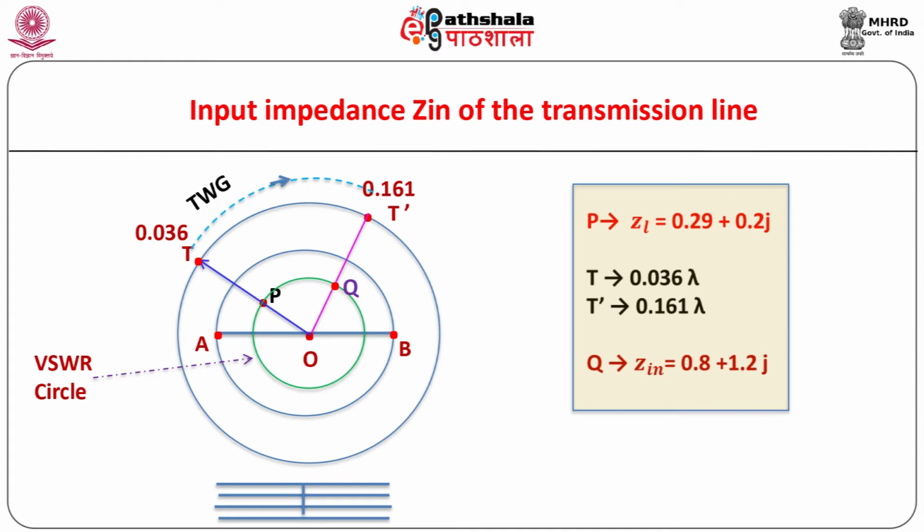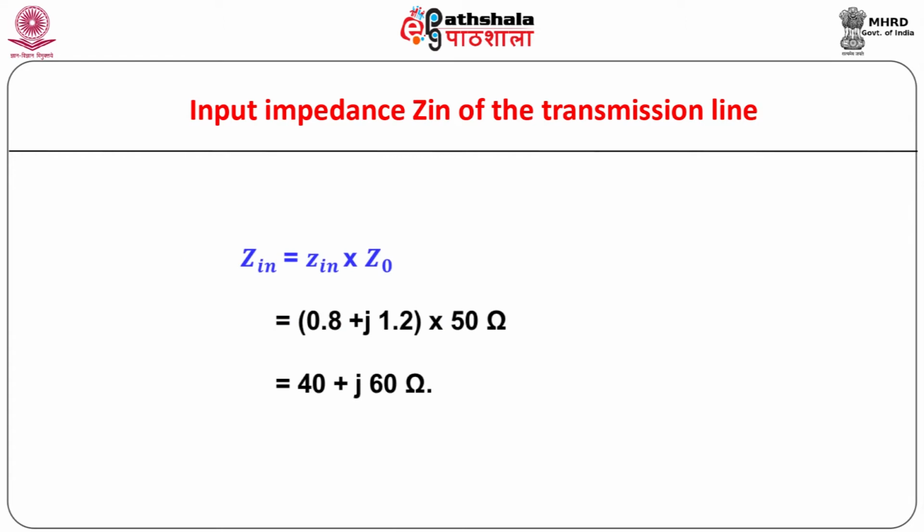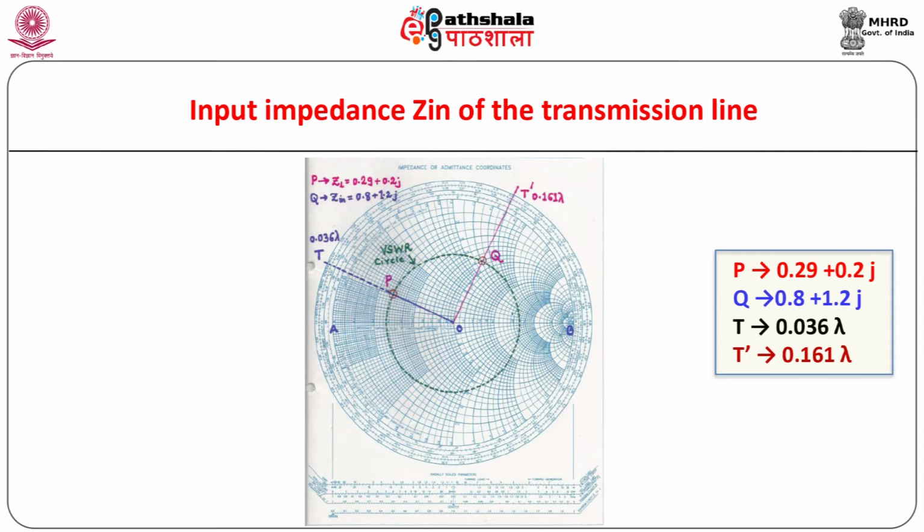Draw a circle with O as its center and OP as its radius, and note the point Q of intersection of OT dash and the circle. The point Q represents the normalized input impedance Zin. Step number 6. Calculate the input impedance as shown by multiplying Zin by characteristic impedance Z0. The solution on Smith chart is as shown.